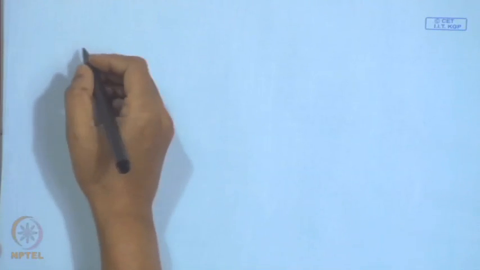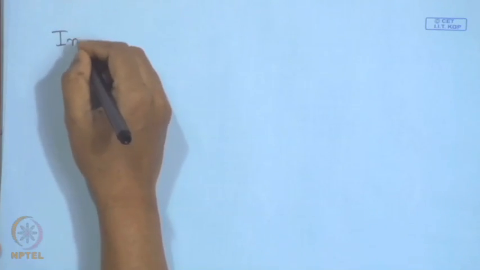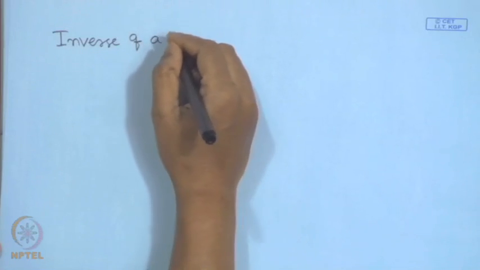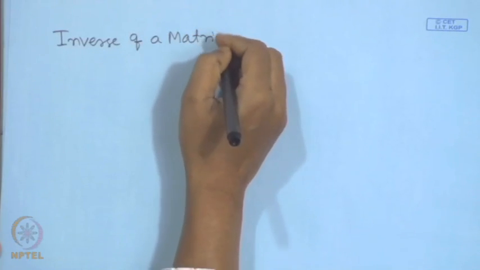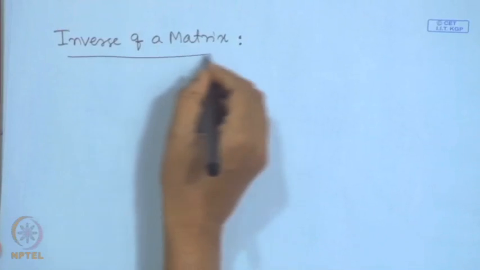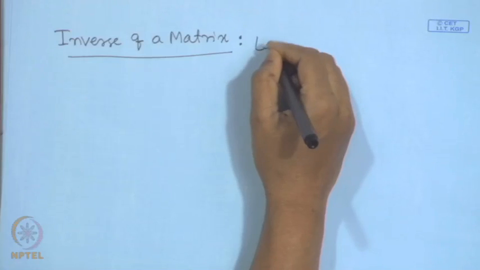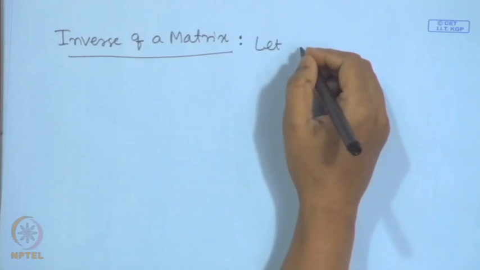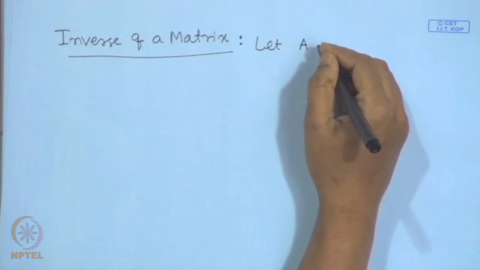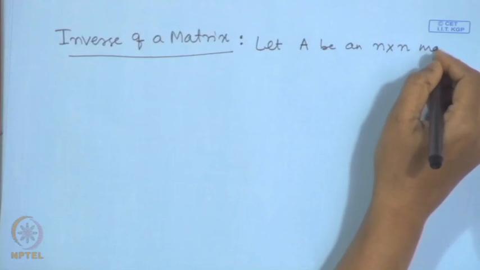So, next we shall find the inverse of a matrix. Here we consider square matrices only. Recall that we define the inverse of a matrix like this. Let A be an n by n matrix.